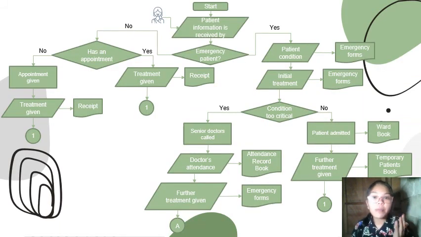Just like what I mentioned earlier as to how the start of the transaction goes, the patient information is received, and we check if this patient needs emergency care, if he or she has an appointment, and what the condition is, is it too critical for him or her to be admitted. This is the flow of it.